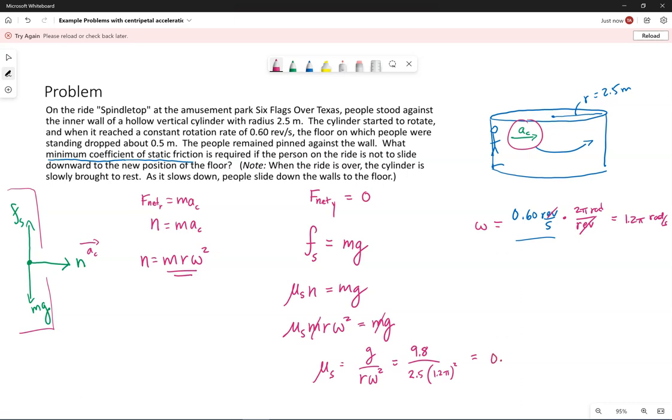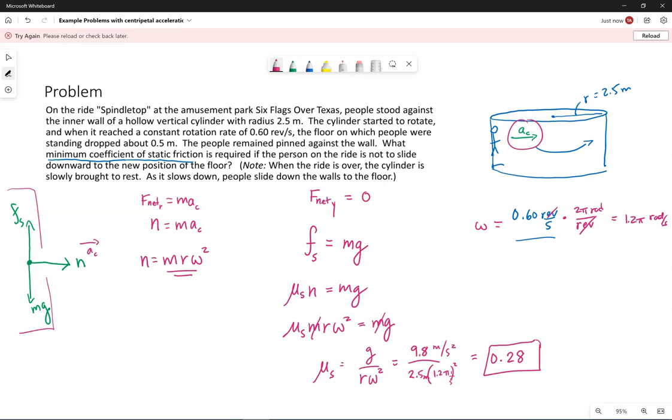I'm getting 0.28. Unit-wise, g is in meters per second squared, r is in meters, omega is 1/seconds, but we're squaring that, so both the numerator and denominator end up with meters per second squared.